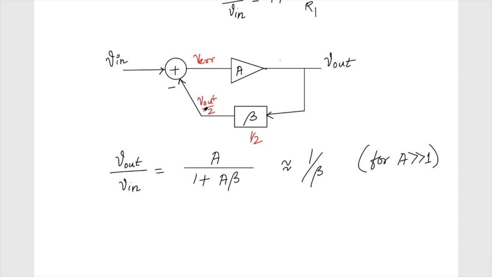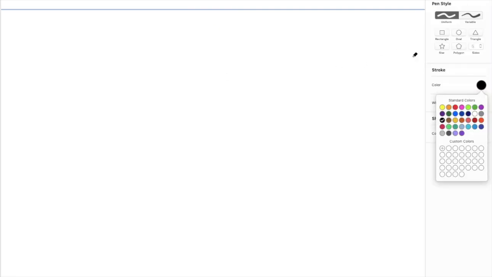If I'm able to do that, then I'll get my output which is n times higher. This is the basic principle. Just like we are doing for this voltage, we are also going to do it for the frequency. So let's try to formulate and write it down.